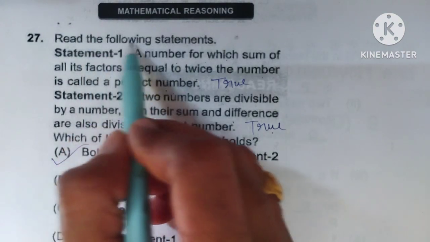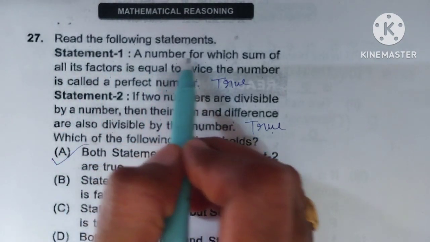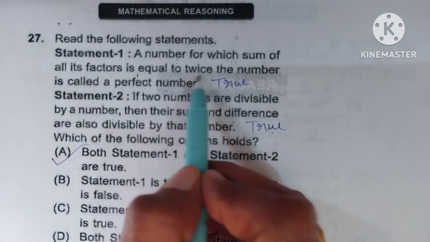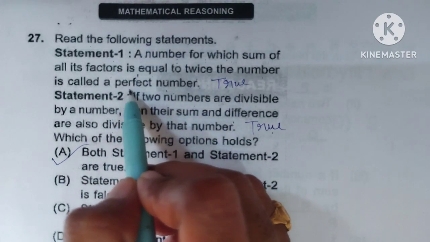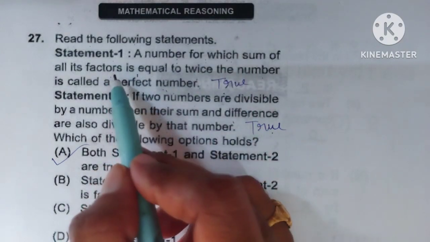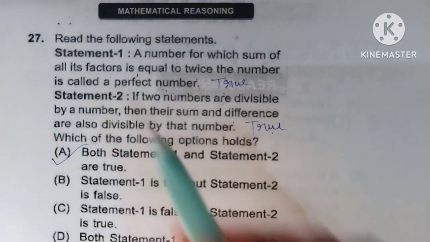27th question, read the following statements. Statement 1: a number for which the sum of all its factors is equal to twice the number is called a perfect number, which is the true statement. The sum of all its factors is equal to twice the number.